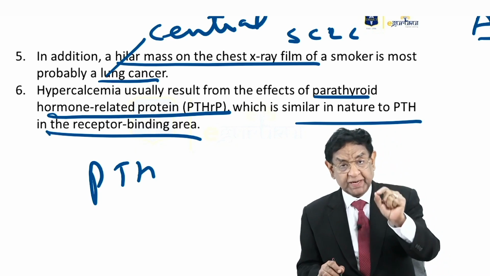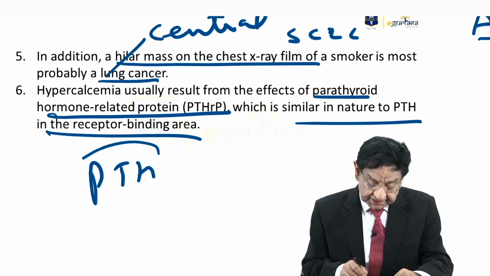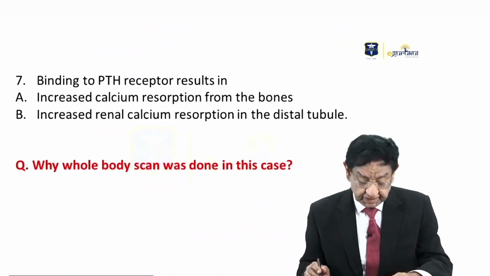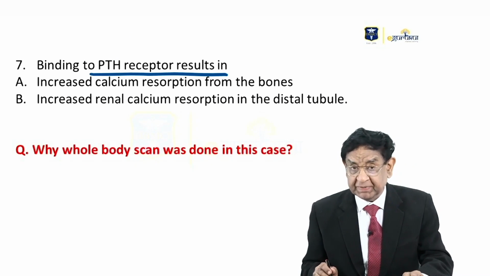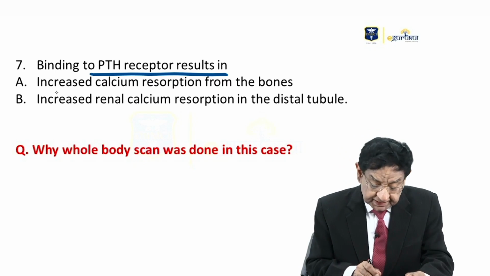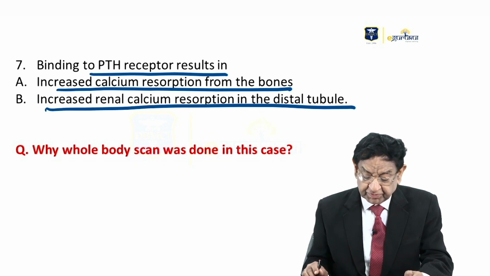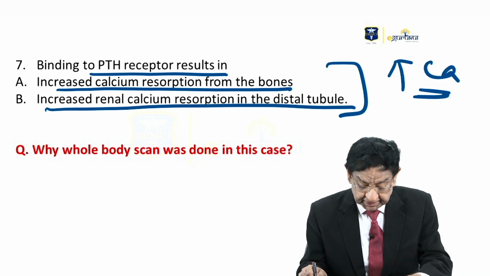So they are going to bind to the same receptor and that leads to hypercalcemia. Remember, in these cases, PTH levels are usually reduced. So binding to the PTH receptor by this PTHrP increases calcium resorption from the bones and increases calcium resorption from the DCT. Together, they lead to hypercalcemia.